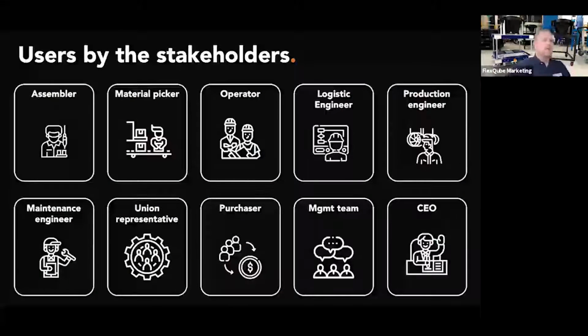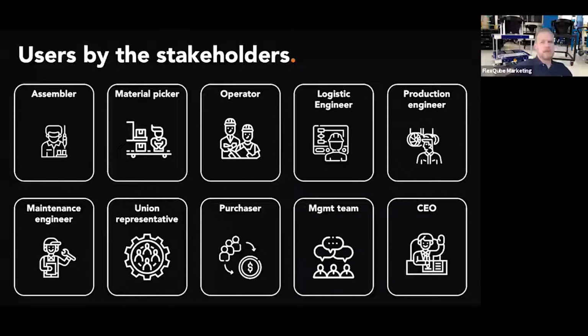And then if we have a look at a lower level, we have users by the stakeholders. So that could, for example, be the assembler putting the product together. It can be the material picker that loads parts onto the automation robot. It can be operators that are responsible for running the machines.